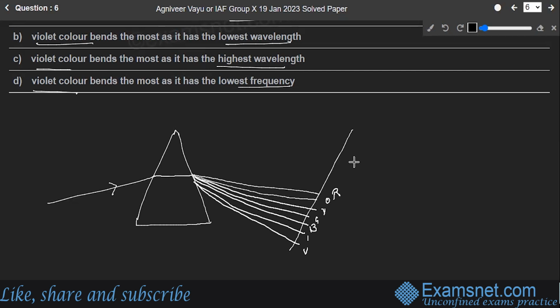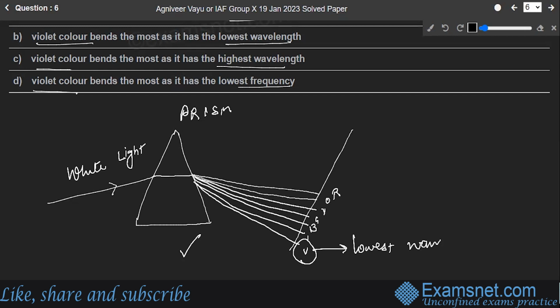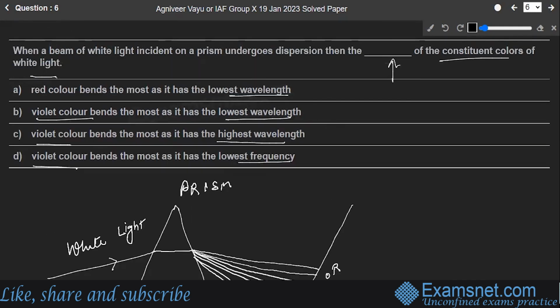So from the above discussion, we can say that a ray of white light incident on this prism undergoes dispersion, and the violet light bends the most because it has the lowest wavelength of the constituent colors of this white light. This surely makes option B the correct answer.